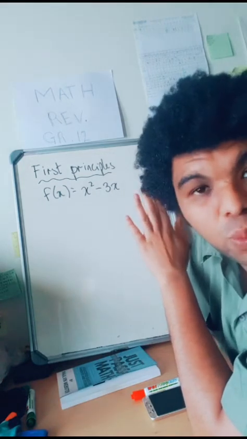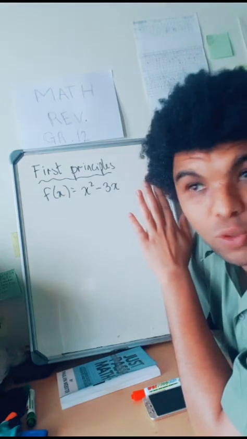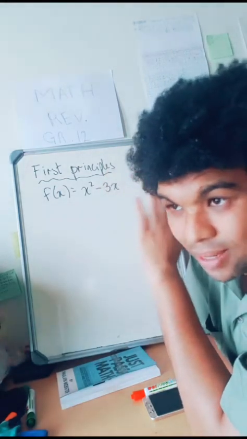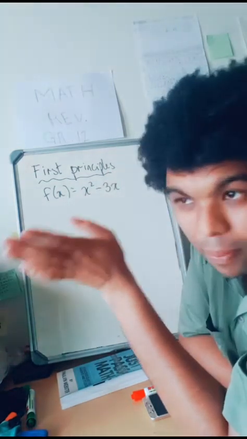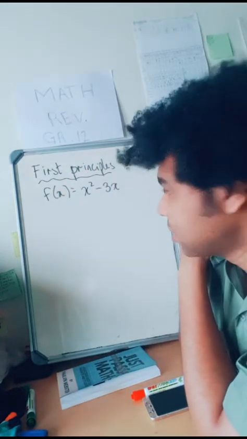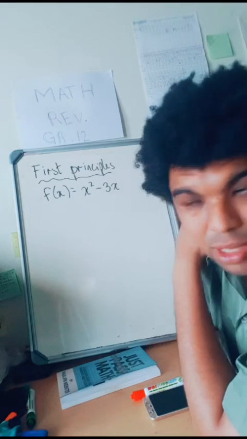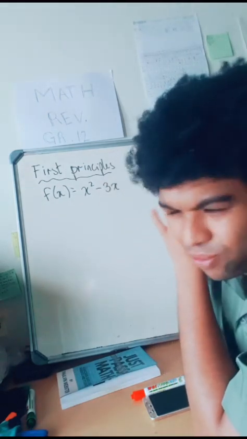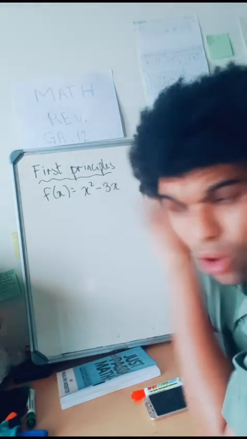If you are up to date with your simplification skills, from grade 8 up until grade 12, well, let me say grade 11, the simplification skills involved here are fractions, algebraic fractions, all of those things.